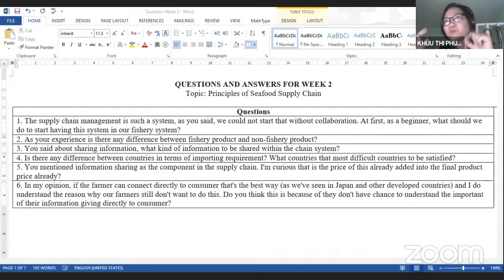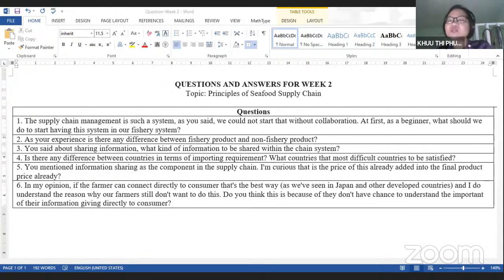And the exporters tell me that it's very costly to export to Japan because the probability of being rejected is very high. If we are rejected by Japanese consumers, the enterprise has to pay the logistics cost. They have to pay the storage cost at the customs gate.